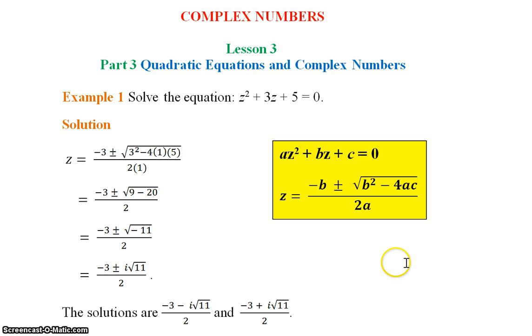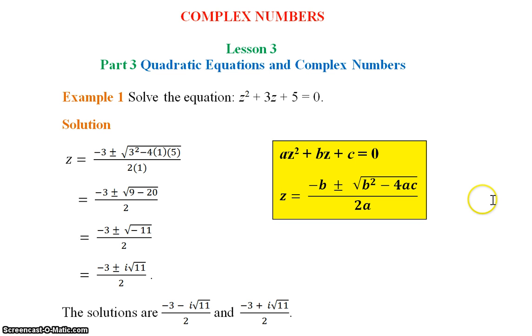To get complex solution of general quadratic equation az squared plus bz plus c equals 0, we apply the formula which is the same as in the case of real numbers. Just in the equation I changed the letter x into z because for complex numbers you usually use variable z instead of x.